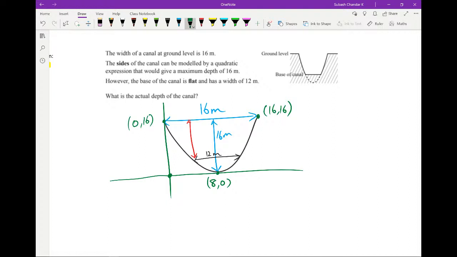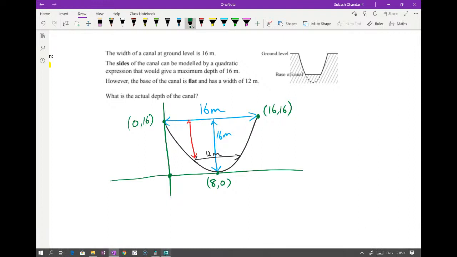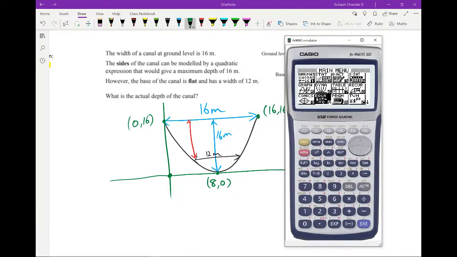So we've got 3 points here, which means you can go into your graphics calculator to come up with the equation of the quadratic. I think I will just do that quickly, but I will show you guys how to do it without it as well. So you've got 0, 16, 8, 0, and 16, 16.